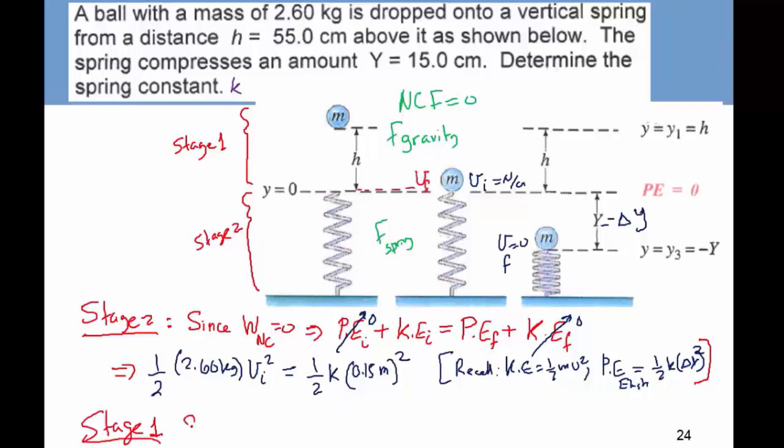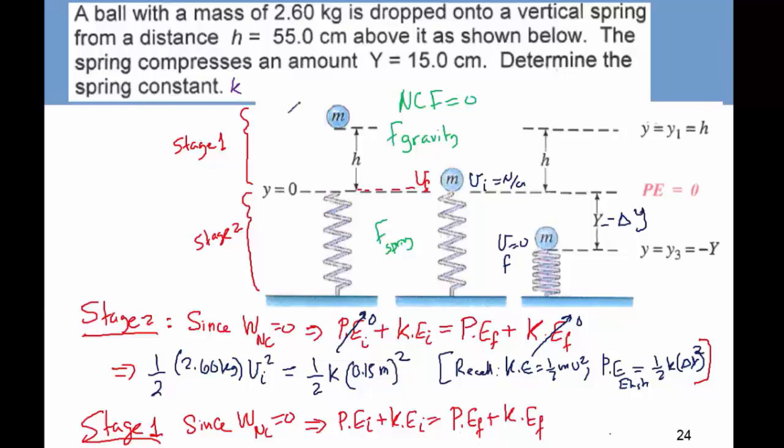Now again, for stage 1, since the work done by the non-conservative forces is 0, and that's because the only force is a conservative force, which is the force of gravity, hence the initial gravitational potential energy plus the initial kinetic energy is equal to the final gravitational potential energy plus the final kinetic energy.